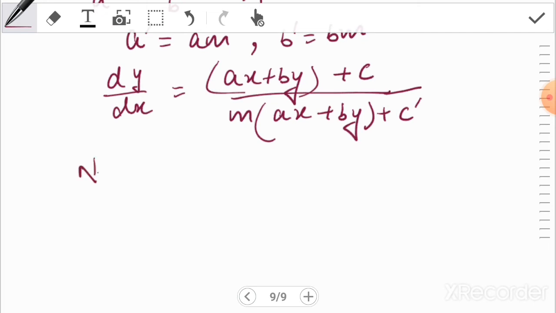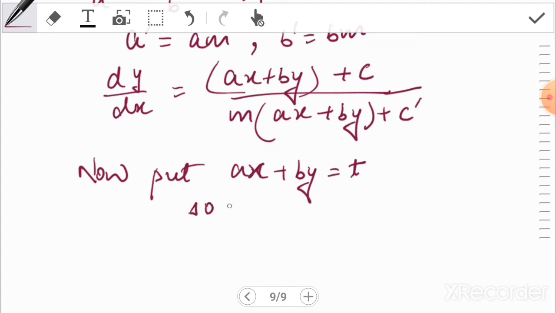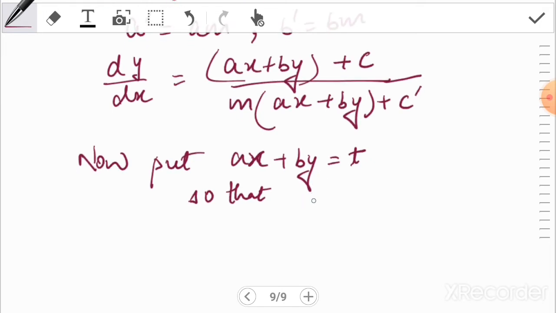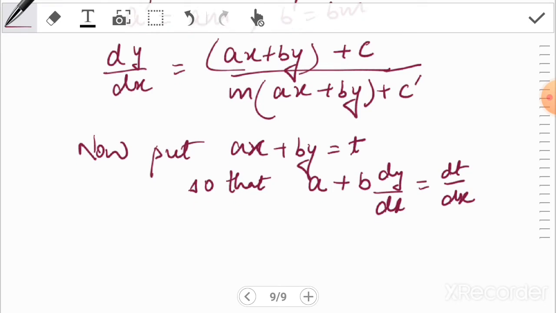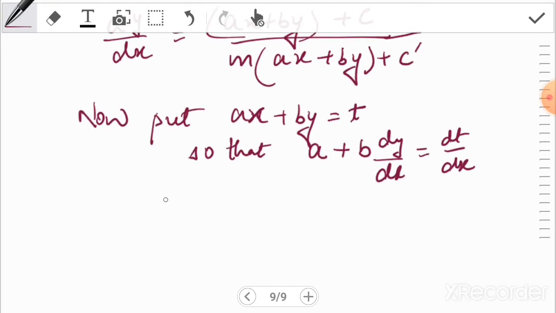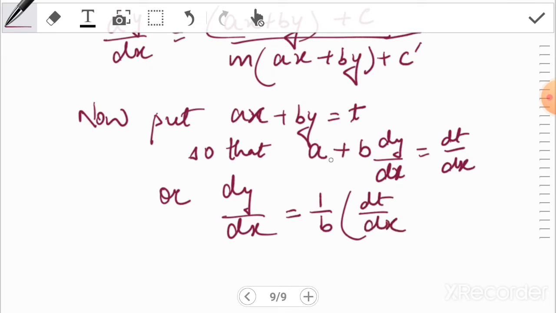Now put ax plus by as t, so that differentiating this with respect to x, we will have a plus b dy by dx is equal to dt by dx, or dy by dx is equal to 1 by b times dt by dx minus a.